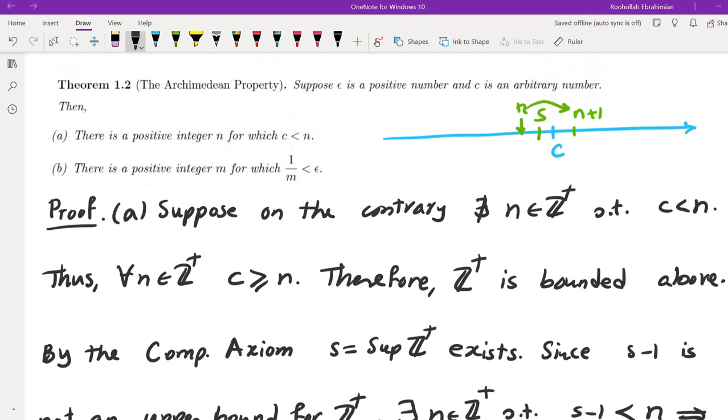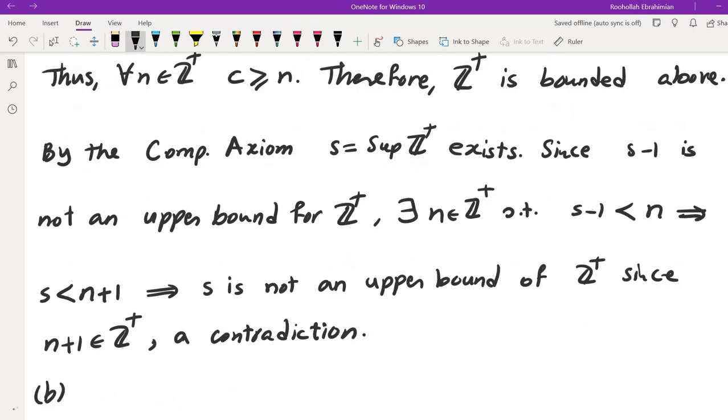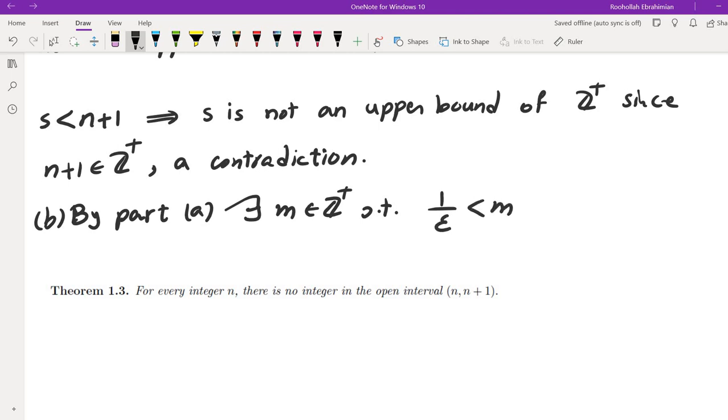The second part follows from the first part. It is just manipulating the inequality. If you manipulate the inequality, you get 1 over epsilon is less than m. So by part A, there is some positive integer m such that 1 over epsilon is less than m.